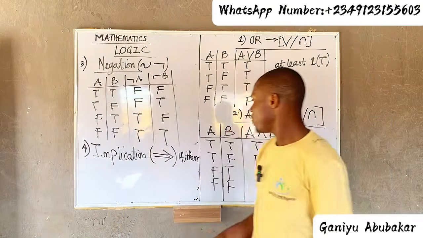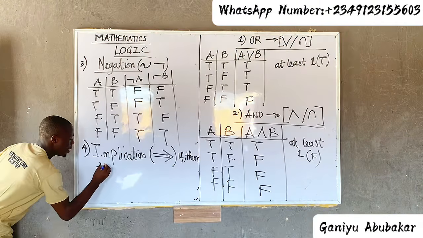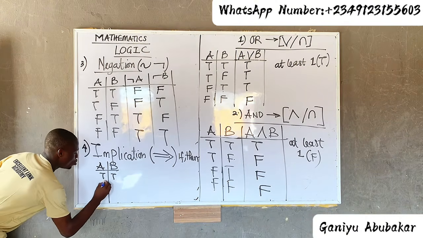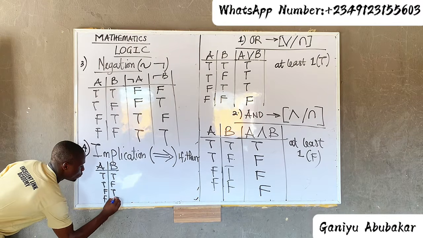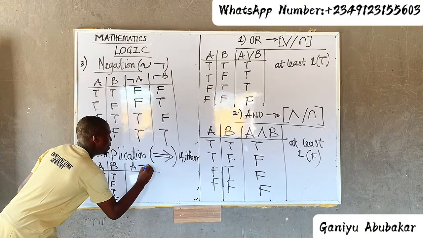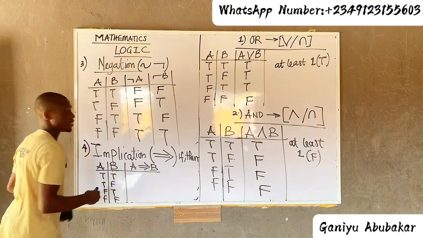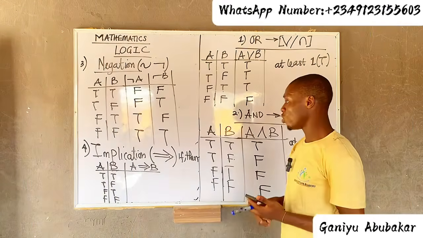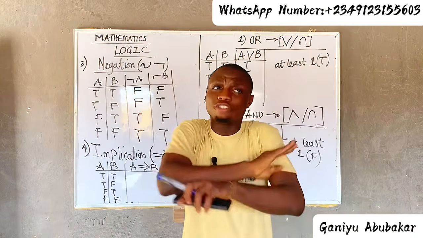Now listen, if I have two variables A and B, let me arrange them: true, true, true, false, false, true, and false, false. If I'm asked to find A implication B, what will be your answer? Now listen up, please. When it comes to this implication concept, if I'm having true, true, my answer is true.